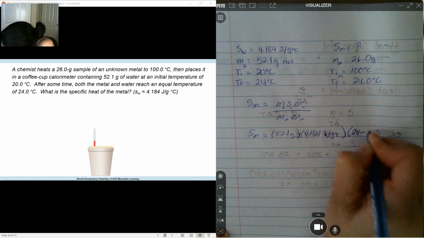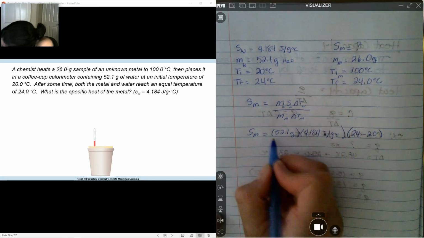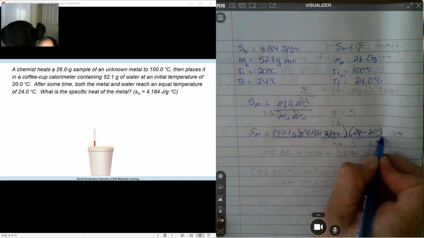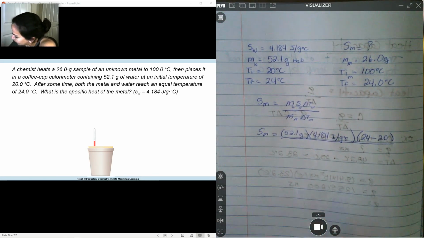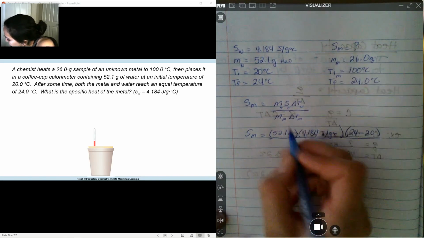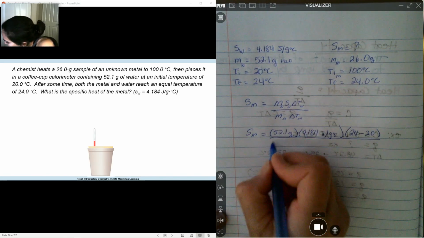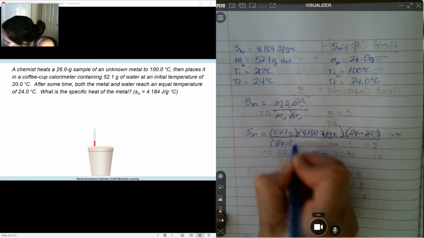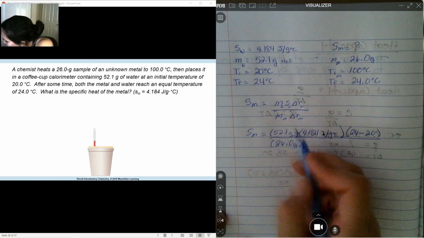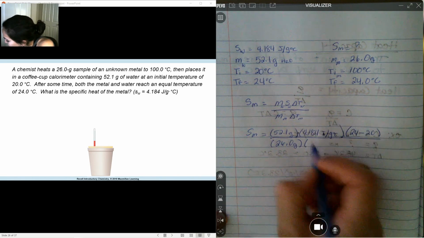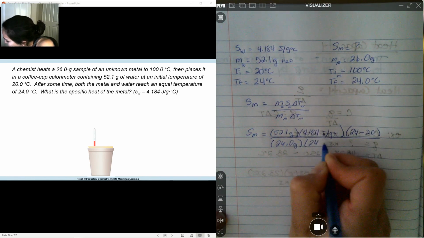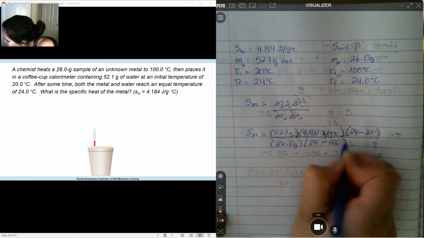Final minus initial. And all of that is going to be divided by our metal information. So the mass of my metal, which is 26.0 grams. And the change in temperature of my metal, which is going to be 24 minus 100.